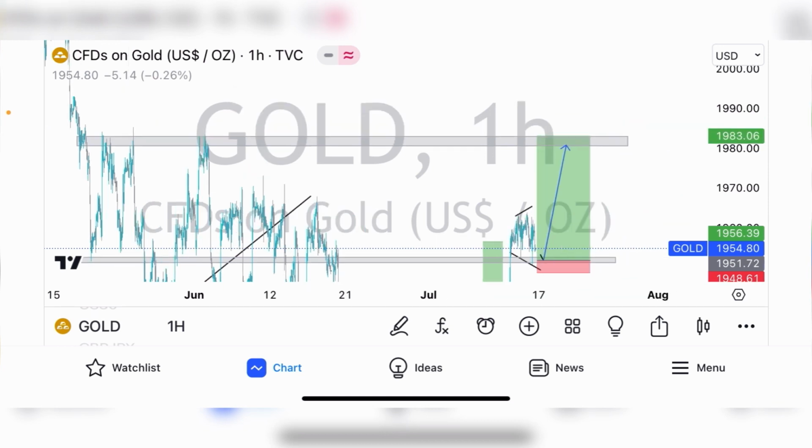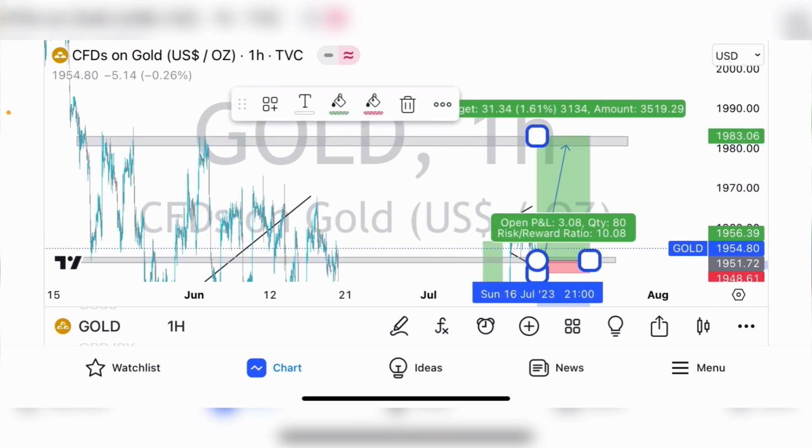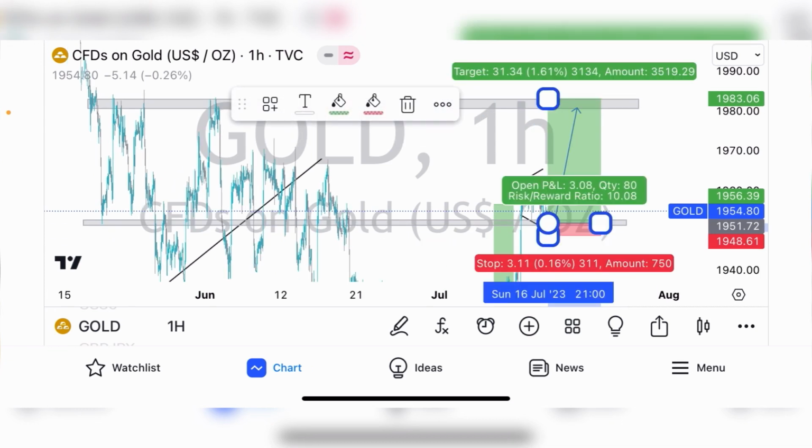You know that gold has a lot of value of pips, so we'll be getting around 3,134 pips, which is 1.61% gain. Our risk to reward ratio is 1:10.08, and we are risking only 311 pips, which is 0.16%.